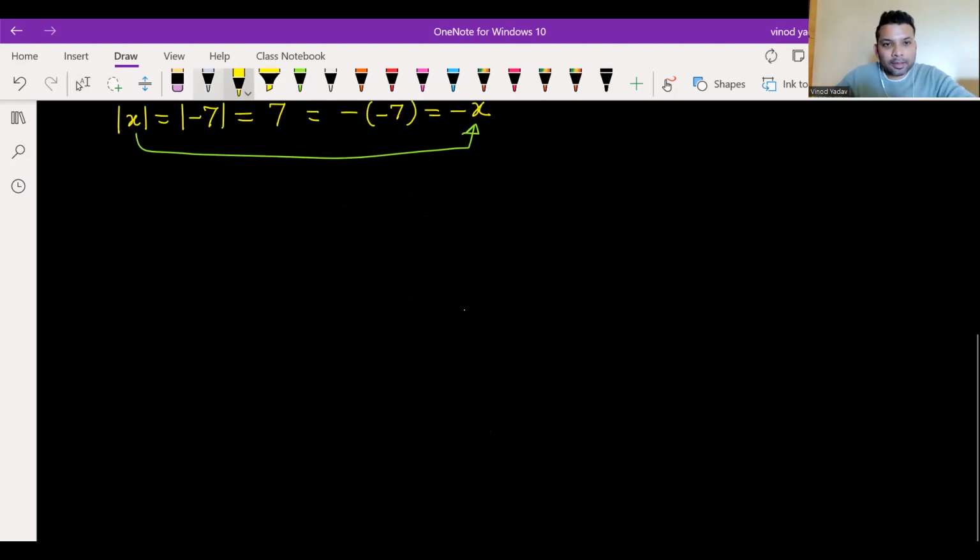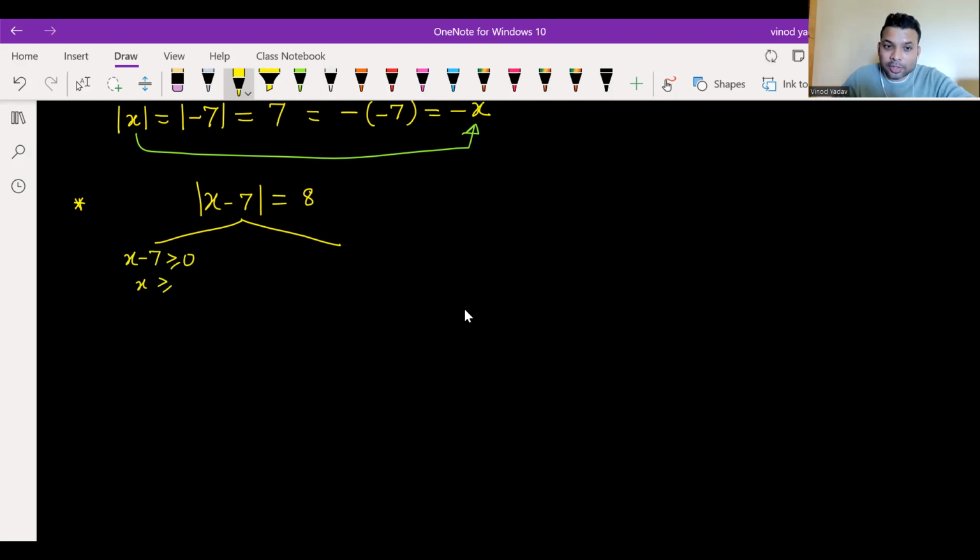Also, let me take one more example. Suppose mod of x minus 7 is equal to 8. So mod will open in two ways. If the inside value is more than or equal to 0, that is x is more than or equal to 7, then mod will open as it is. As it is means just remove that sign of modulus, x minus 7 is equal to 8, and on solving this, 8 plus 7, you'll get x as 15.